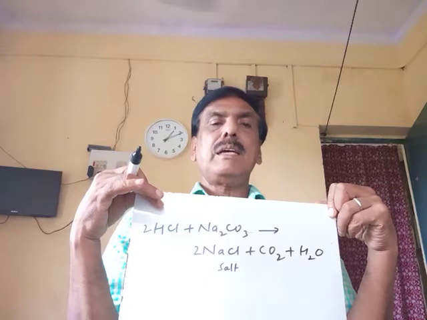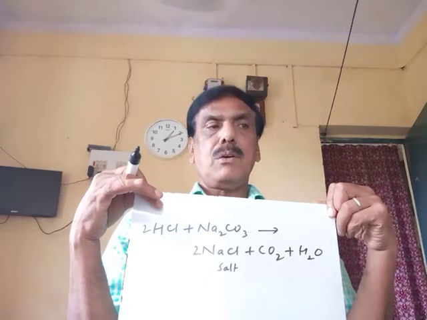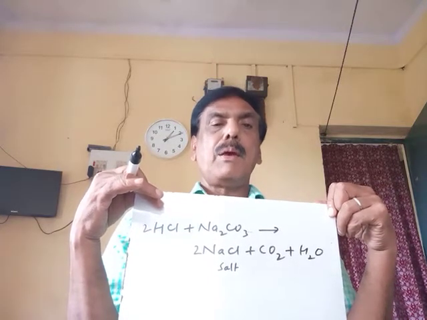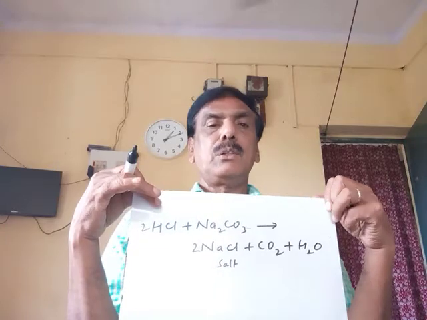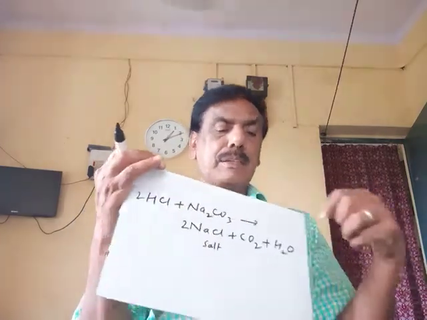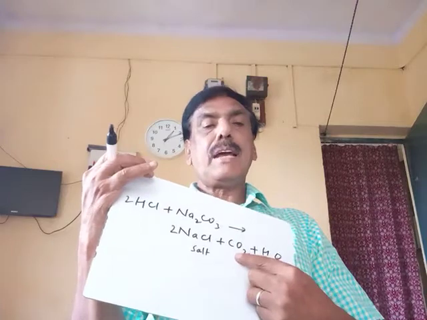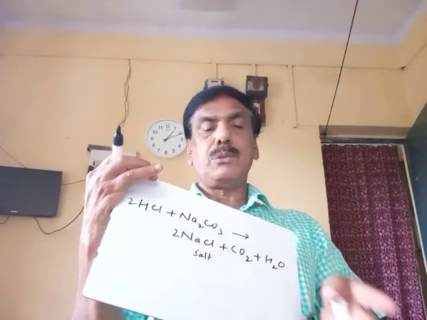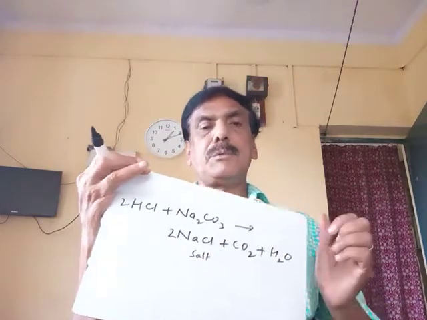So one thing here, whether it is carbonate or hydrogen carbonate, whenever they react with acids, you must get two things: carbon dioxide and water, and the corresponding salt. Suppose sodium carbonate reacts with sulfuric acid, H2SO4, what will you get?